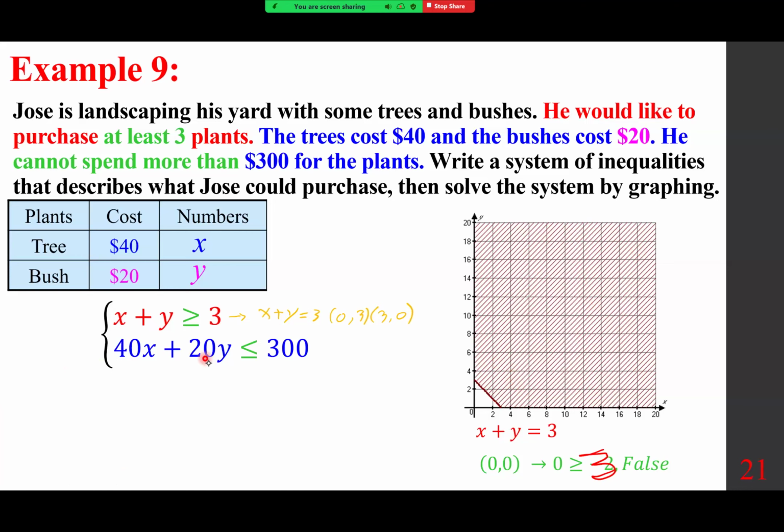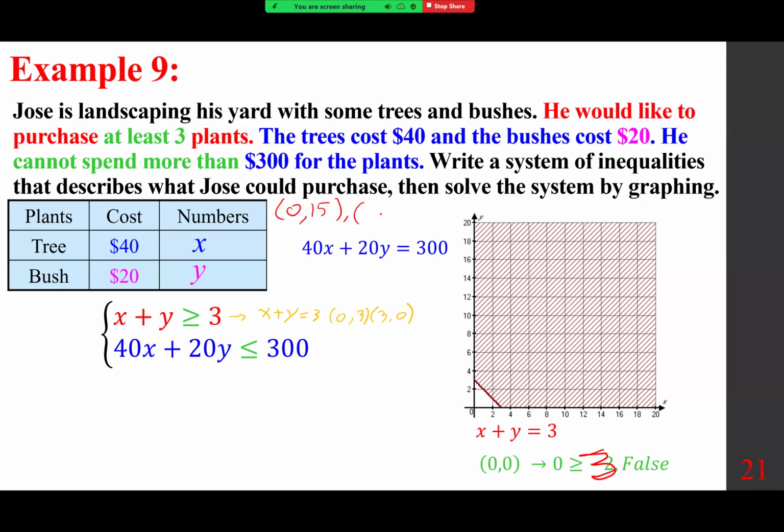For this one, we're going to go with 40x plus 20y equals 300. If you choose x to be 0, y is 300 divided by 20, 15.